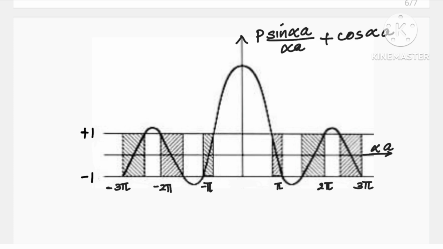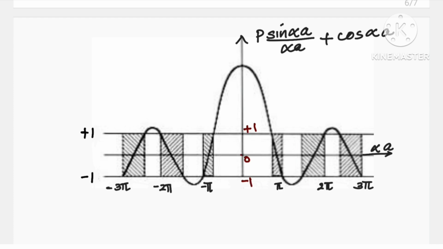The maximum and minimum values of the cos function lie between plus 1 and minus 1. That is shown in this graph. Here is the plus 1 region, here is the minus 1, and this is the origin.